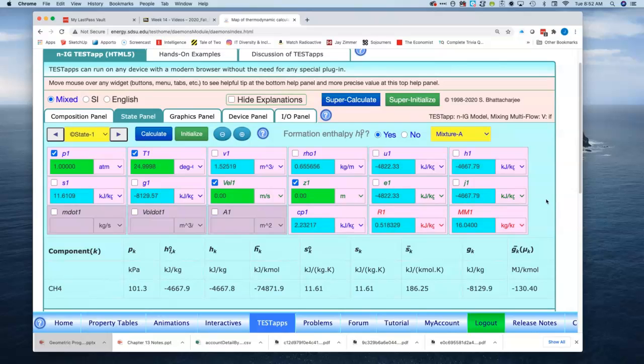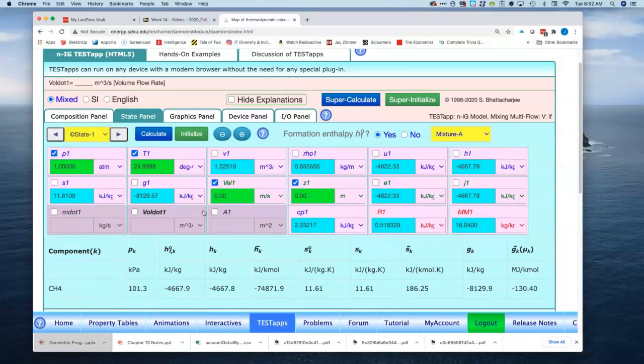Okay, so since we need to take this mixture A and add mixture B to it to form mixture C, we have to say how much of this we are bringing in. Since we have 1 mole of methane, when we write these equations, we write them in terms of 1 mole, but as long as we're consistent and just have the right mole percentages.